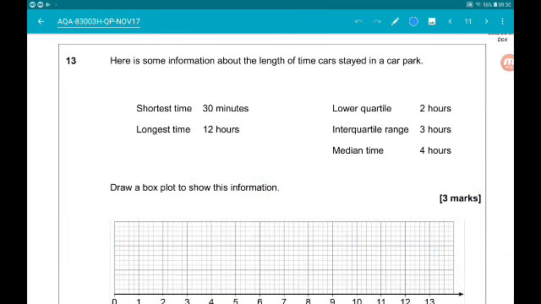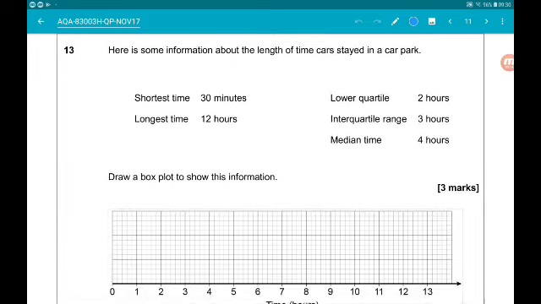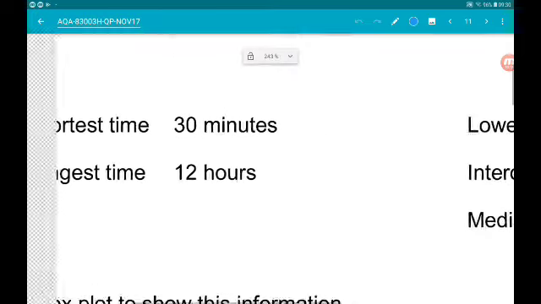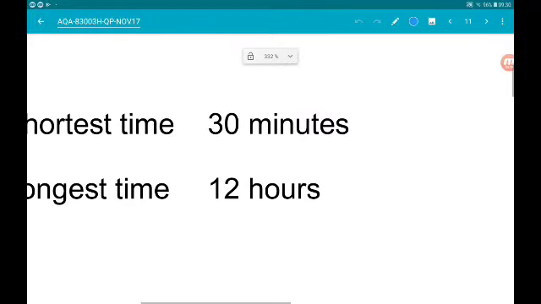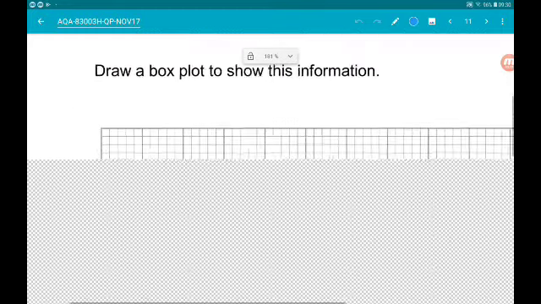Okay, question 13 for 3 marks. We are drawing a box plot. So we got some information about the length of time cars stay in a car park. Really exciting stuff, as always. And we want to draw a box plot. Okay, so our shortest time was 30 minutes.